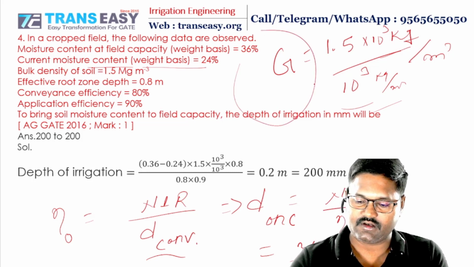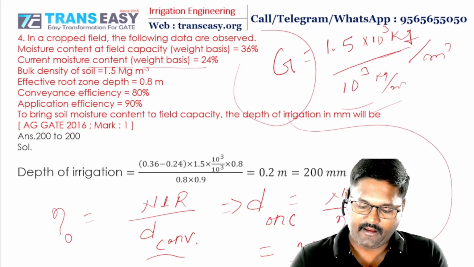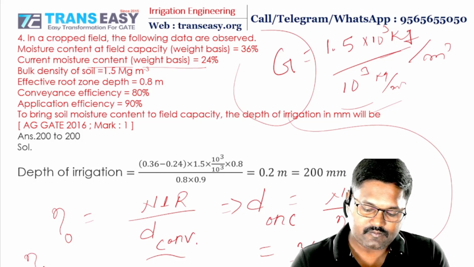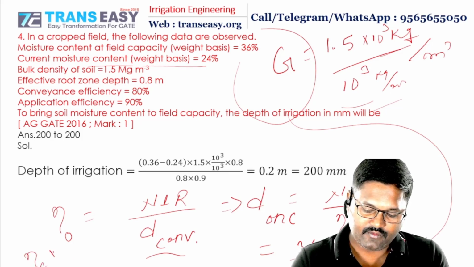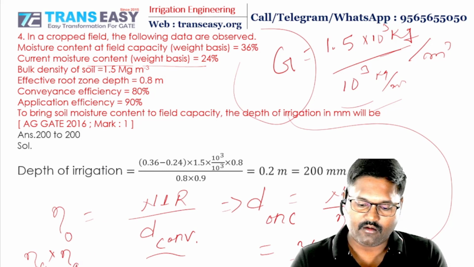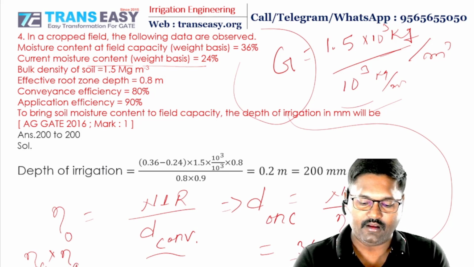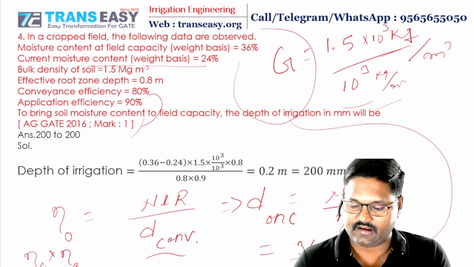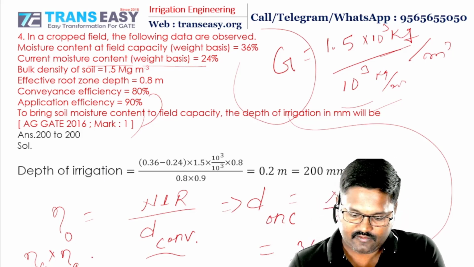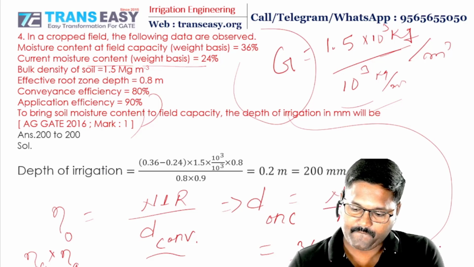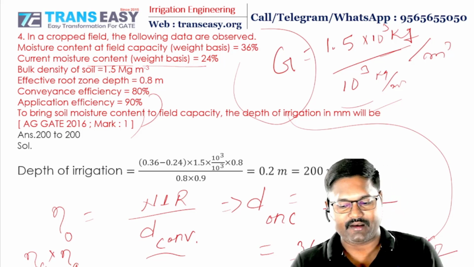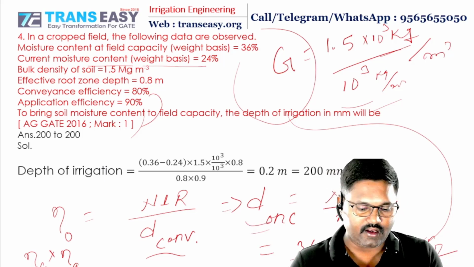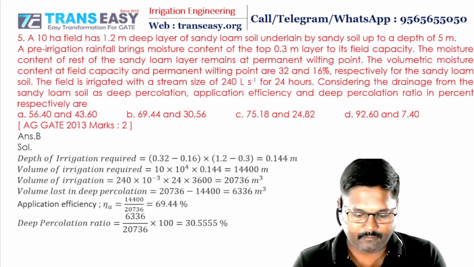So this is G used here, and overall efficiency we know. Conveyance efficiency into application efficiency, both are given, and I keep their values in decimal: 0.8 into 0.9. Here you calculate G, put NIR upon 0.8 into 0.9, and the depth of irrigation water will be calculated.